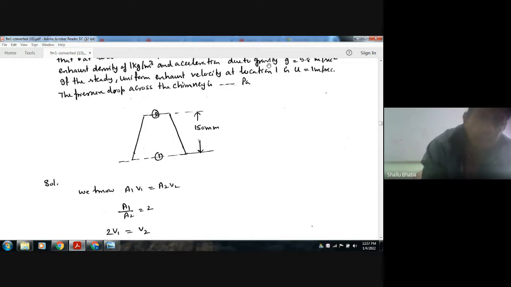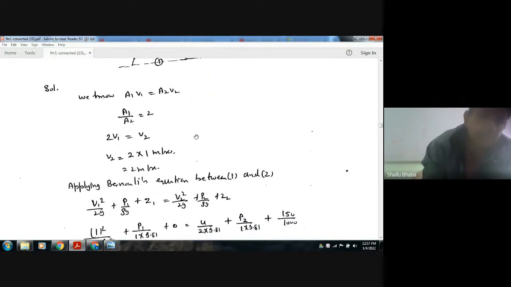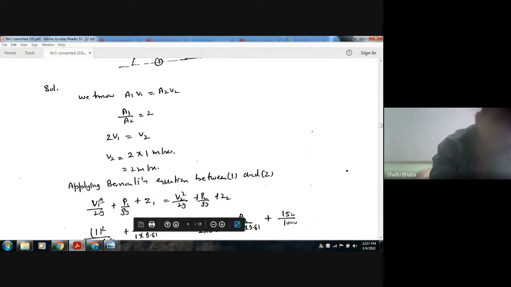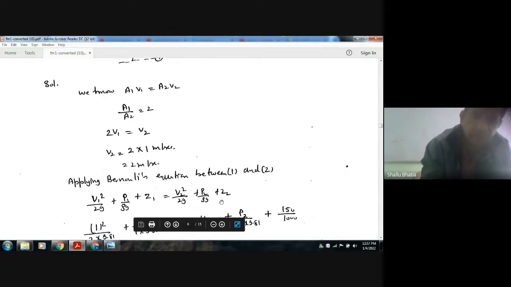Now we have the velocity at location 1, the velocity at location 2, and the height difference of 150 mm. There is no loss between 1 and 2, so applying the Bernoulli equation: V1 square by 2g plus P1 by rho g plus Z1 is equal to V2 square by 2g plus P2 by rho g plus Z2.